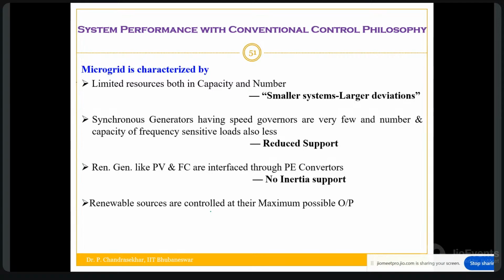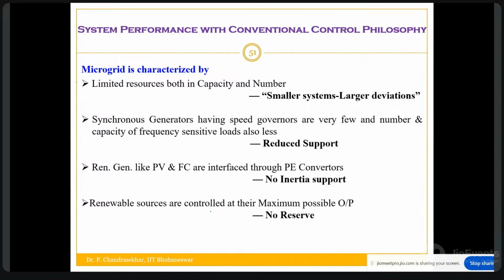One thing we can do in these renewable based microgrids is to not go for maximum power point tracking always. Let us try to go for a power balance when operating in the islanded mode. That is the significance of intelligent operation.